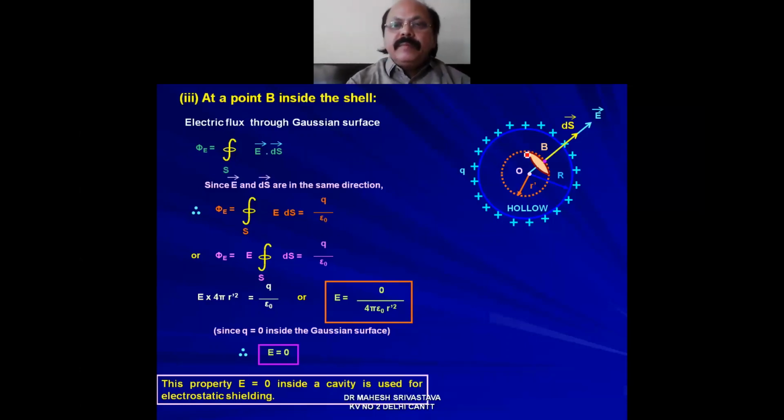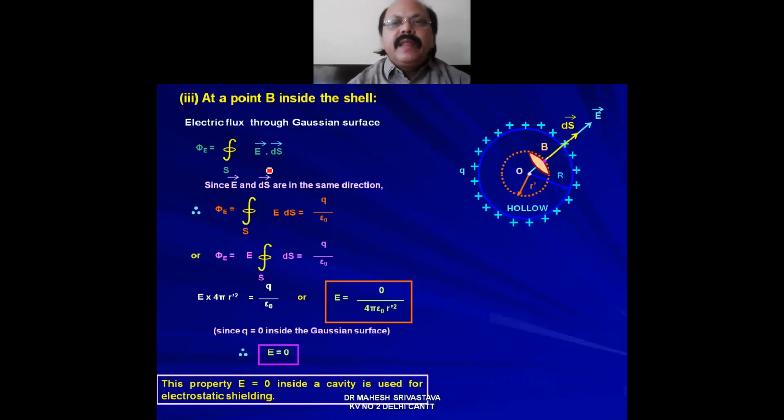So in a similar fashion, you have to find the electric flux through the Gaussian surface, that is phi is equal to closed integral E vector dot ds vector.